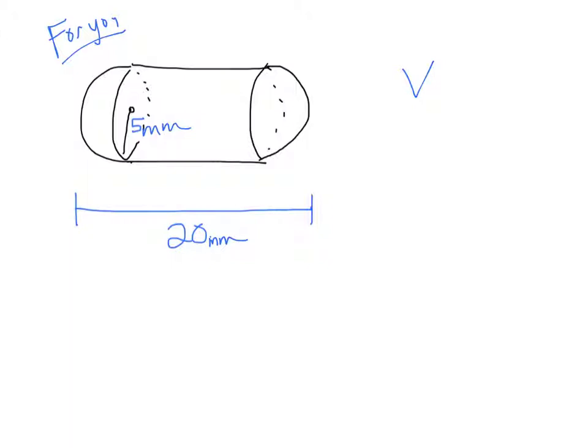Let's say this is a volume of like a capsule or a gel cap or something. I'd like to know the volume of the capsule. And you do have enough information. I'm telling you that this little thing right here, otherwise known as the radius, is 5 millimeters, and this height from top to bottom is 20 millimeters. So from there, can you figure out the volume of the capsule? Good luck and have fun.